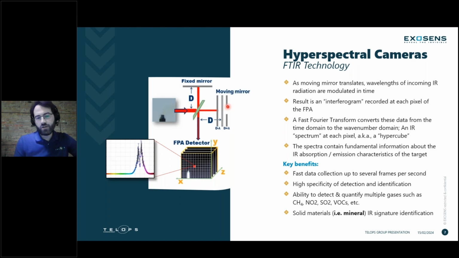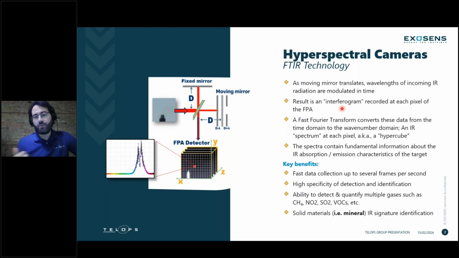So we have a fixed mirror and a moving mirror inside the hyperspectral camera. The moving mirror displaces, and the radiation from the scene recombines towards the detector, and that creates destructive and constructive interference. So on every pixel, it results as an interferogram.